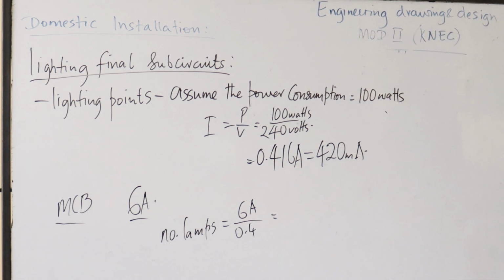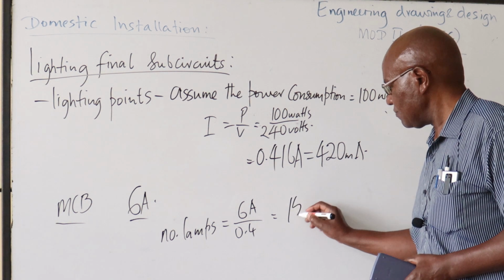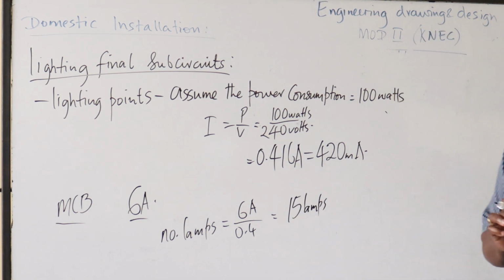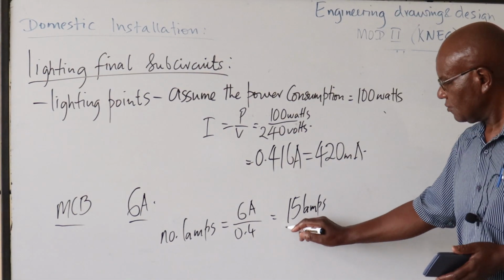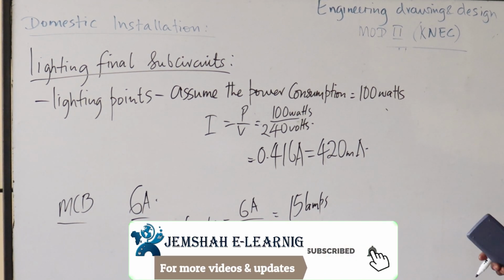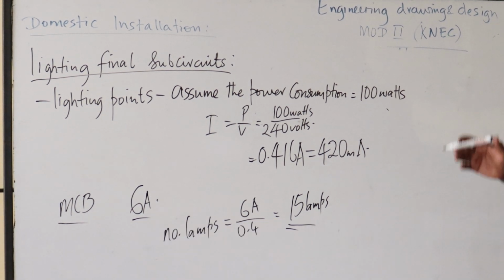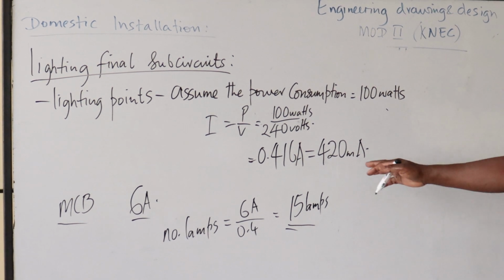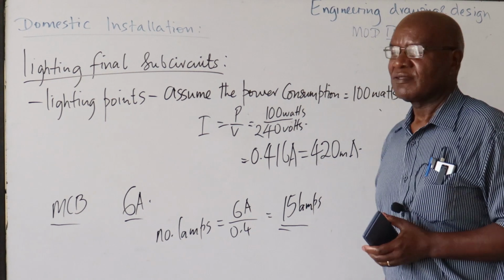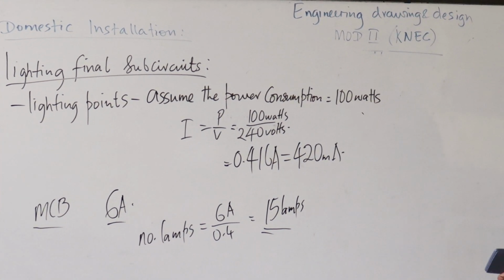That comes to about 60 divided by 4, which is about 15 lamps. Somebody can ask, we have got 5 lamps, which comes to about 1.5 amps. How do we protect it with an MCB of 6 amperes?